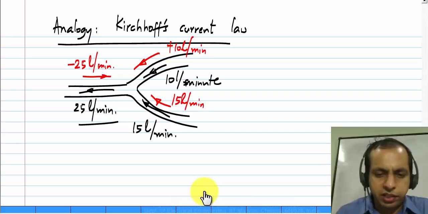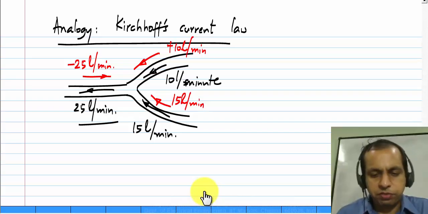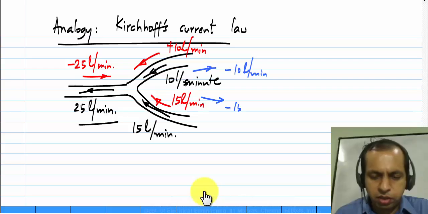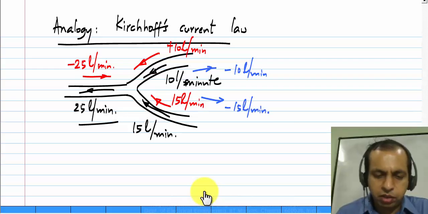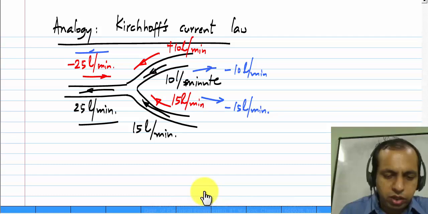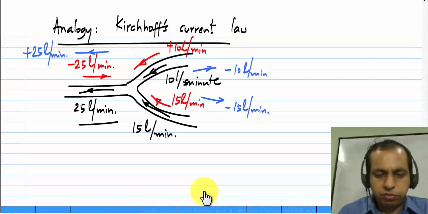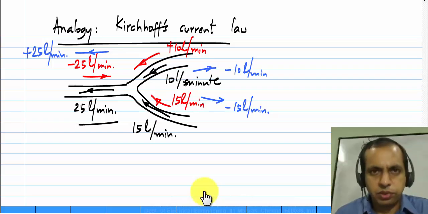And the sum of these three, minus 25 plus 10 and plus 15, is obviously 0. And you could equally well take all of them going outwards. You can consider this to be going out at minus 10 liters per minute and this going out at minus 15 liters per minute and this one going out at plus 25 liters per minute. So obviously the sum of these things marked in blue is also 0.